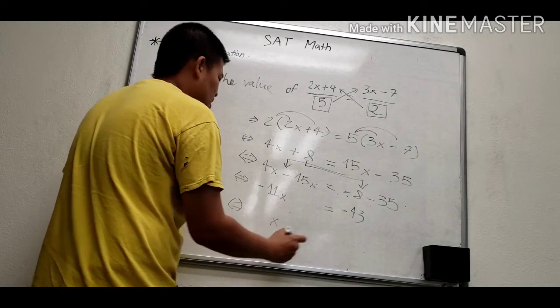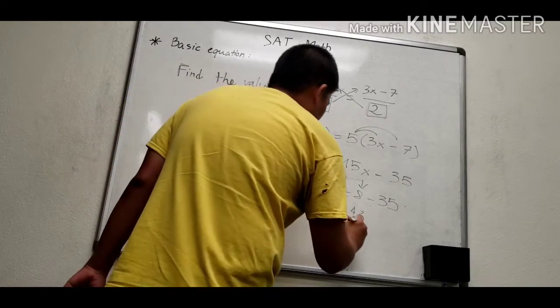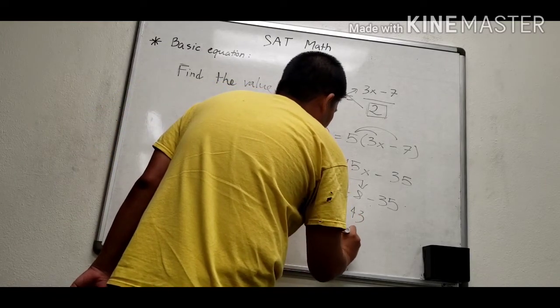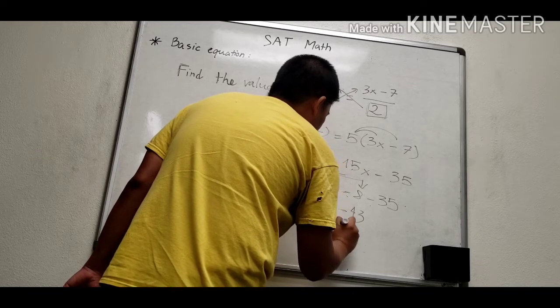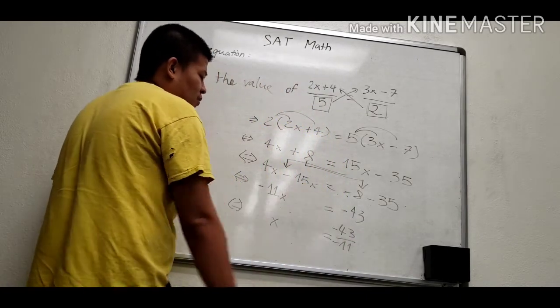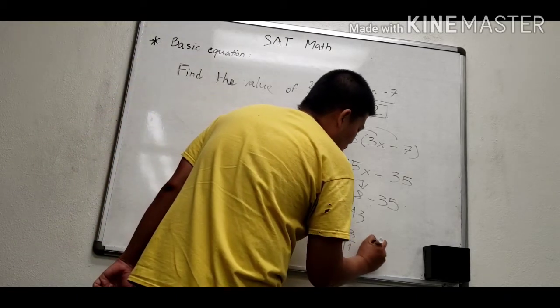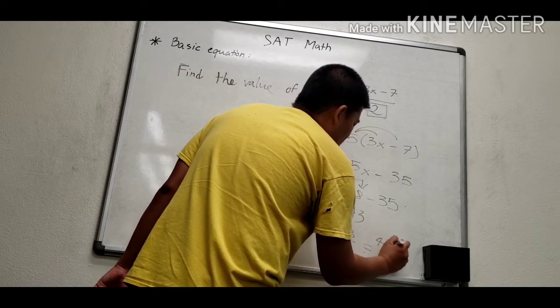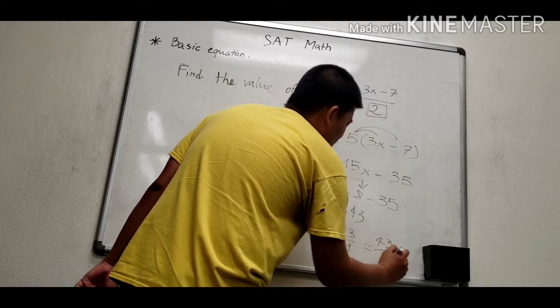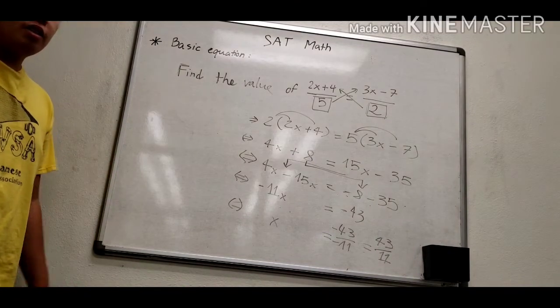We have s in here. We divide both sides by minus 11, so we have 43 over minus 11. And because a negative divided by a negative is a positive number, we got 43 divided by 11. So this is the technique for how to handle the fraction in here.